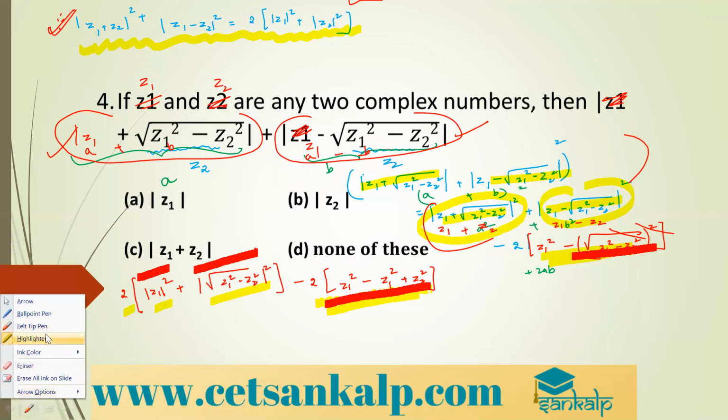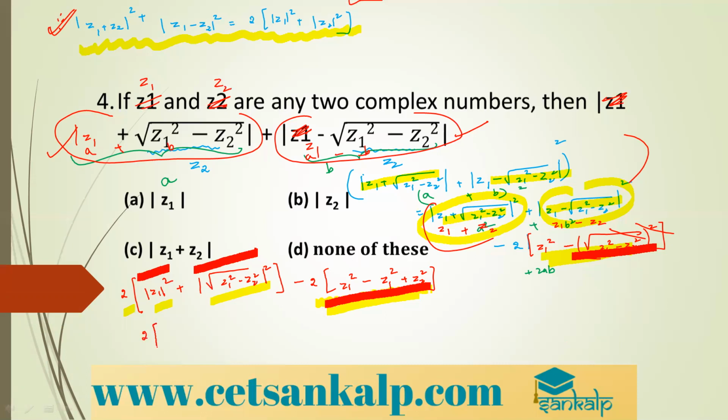Nothing difficult. Okay, so I will write 2 into Z1 square plus, square root and square will cancel, Z1 square minus Z2 square. And here minus 2 into, these two will cancel, Z2 square you will have.